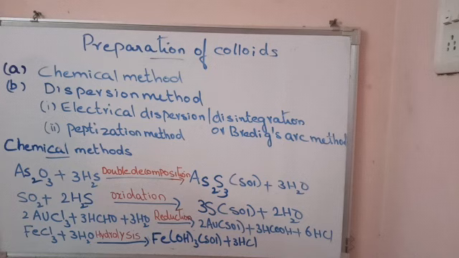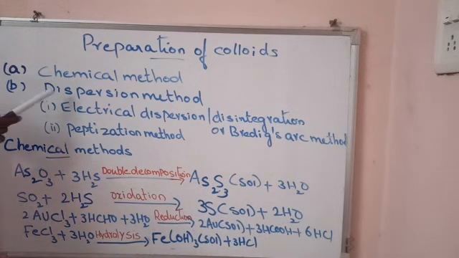AuCl3 on treating with HCHO and water, we will get gold sol, and the byproducts are HCOOH and HCl. Ferric hydroxide sol can be prepared by adding ferric chloride to boiling water. So all these are the chemical methods for the preparation of colloids.